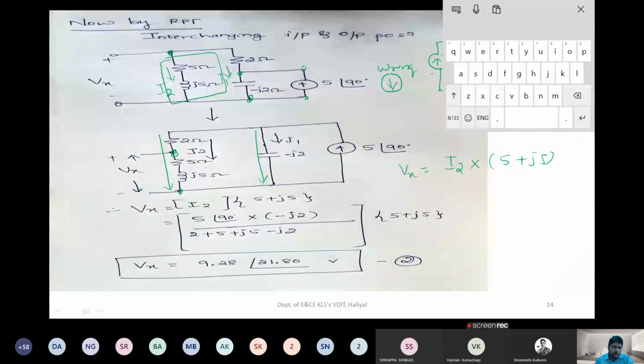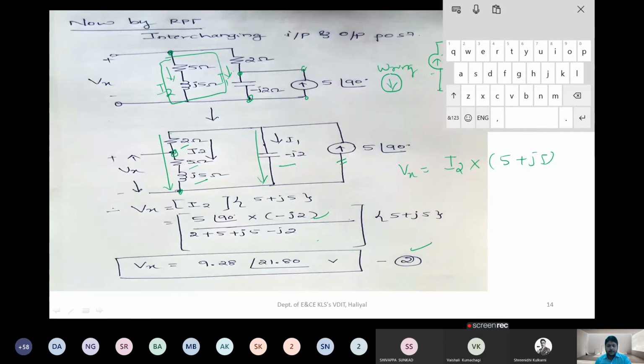I2 we want, so I2 means the main current multiplied by the opposite impedance. The opposite impedance is minus J2 divided by the summation of the entire network impedance, that is 2 plus 5 plus J5 minus J2. Okay. So if you do this, what you get is this.